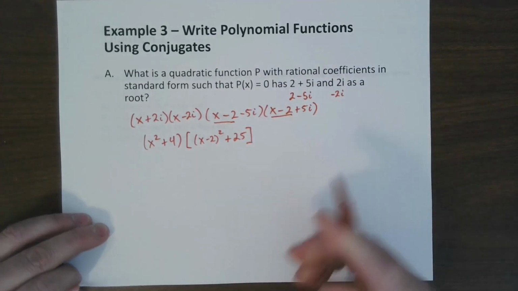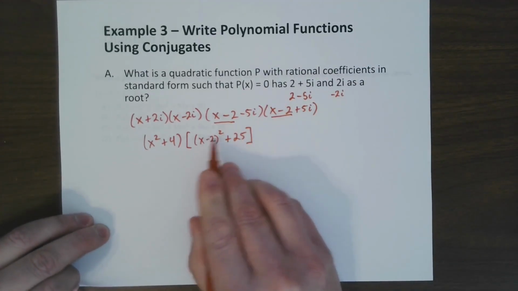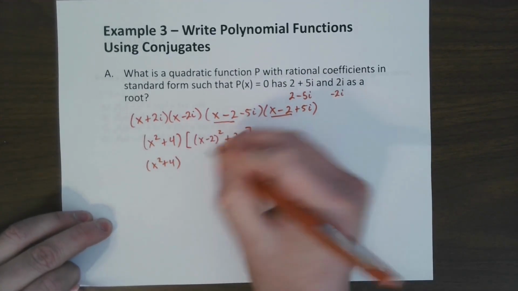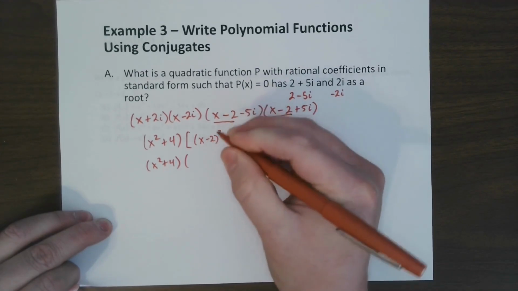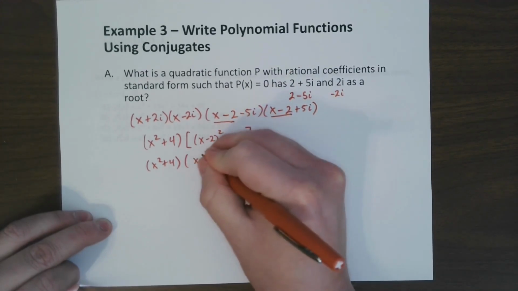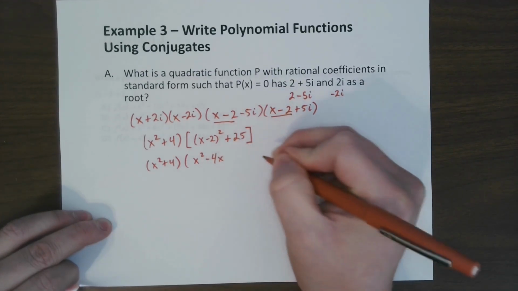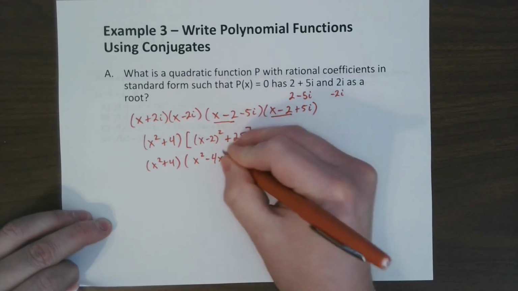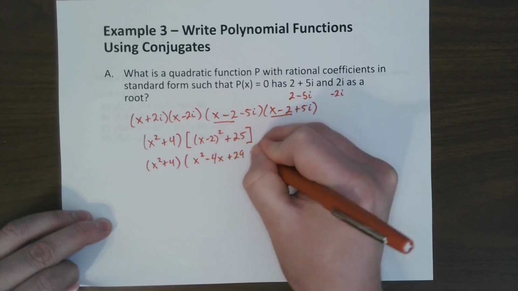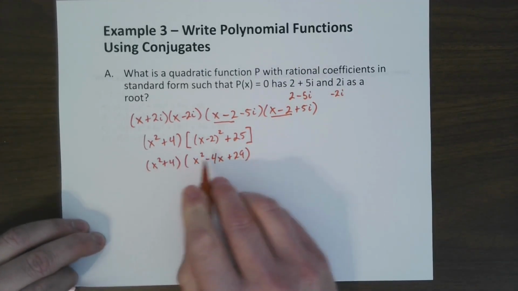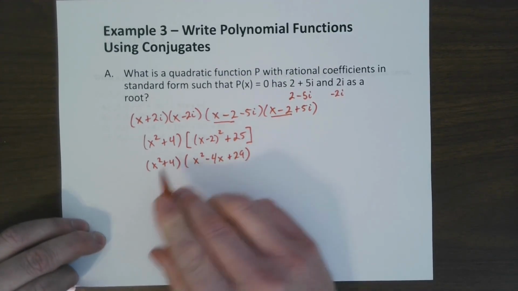And then from there, we can expand this out. So x squared plus 4. We get x squared minus 4x, and it'd be plus 4, but plus 4 plus 25 is 29. And now from there, we're going to go ahead and distribute the whole thing. So we're going to go step by step.